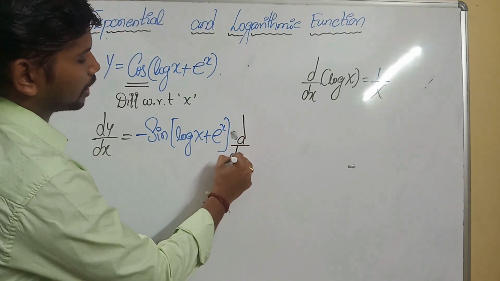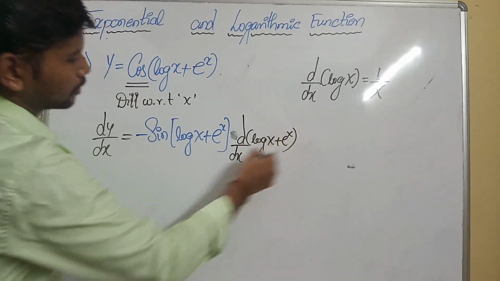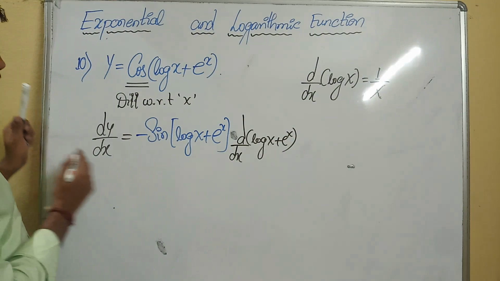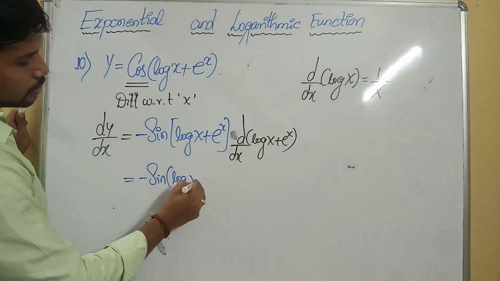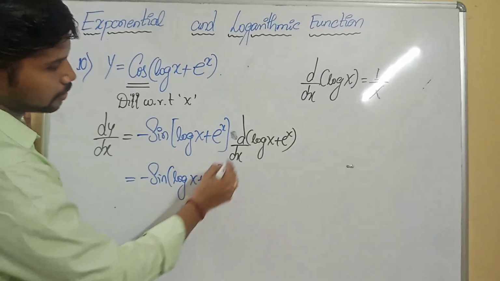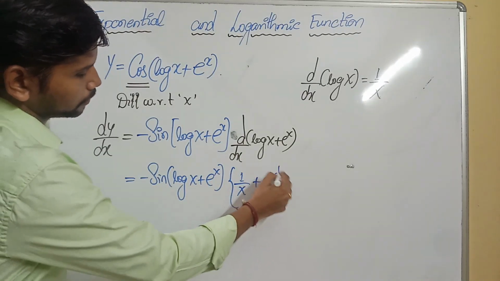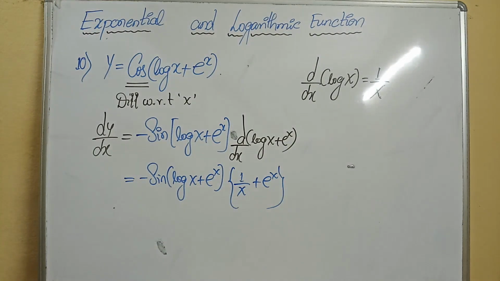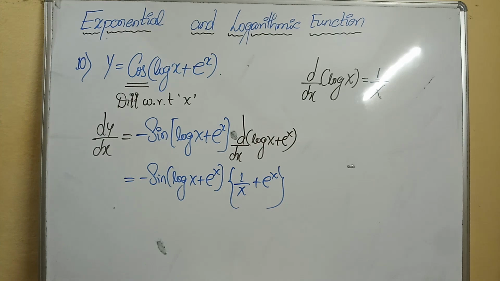Now the angle part, whatever it is, I need to differentiate it. Okay. Now it will be minus sine of log x plus e raised to x. What is the log x derivative? 1 divided by x plus e raised to x will be e raised to x. Okay, try to solve all the problems. Fine, enjoy the time.